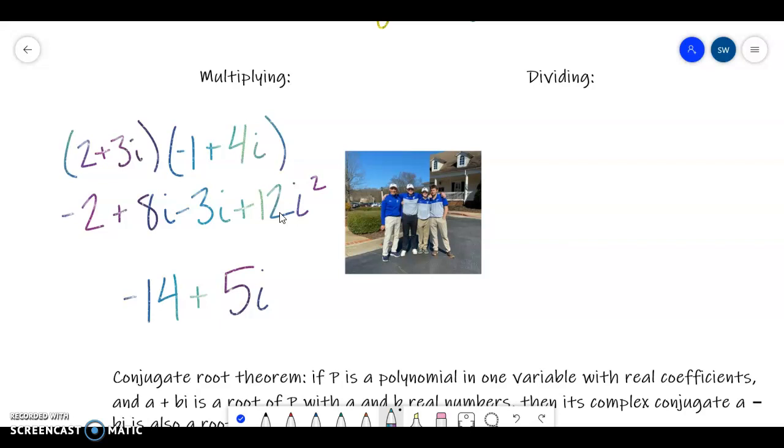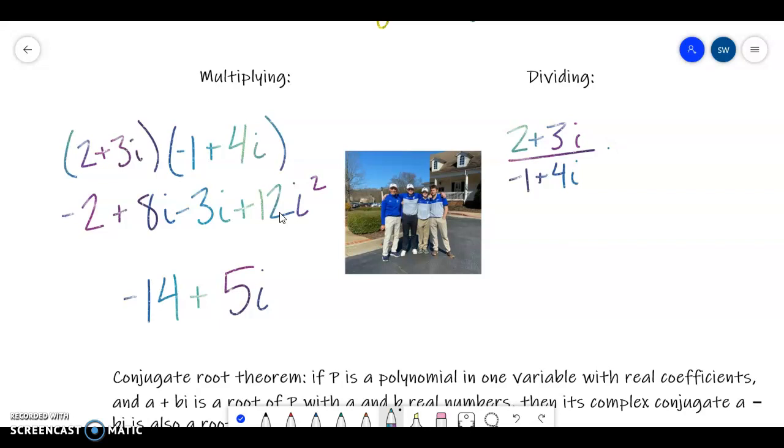And then if we were to take the same complex numbers but divide them, we don't really like having imaginary parts in a denominator when we're dealing with rectangular form. So what we do is we multiply by the conjugate.